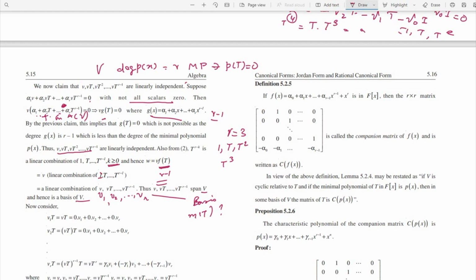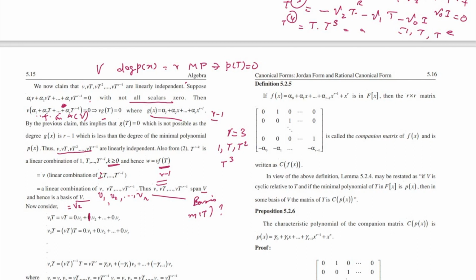So V1 to VR that we have, V1 stands for V, so VT you have, and VT means it is V2, so there is no V1, so 0 into V1 we have, and this is 1 into V2 plus and so on, 0 into VR. You don't have a VR term.